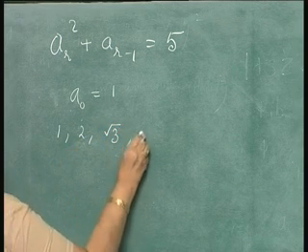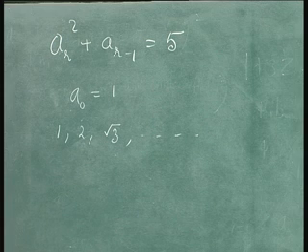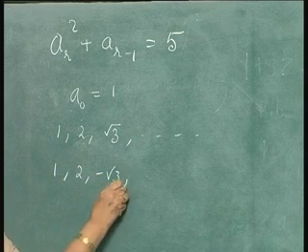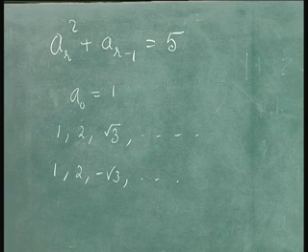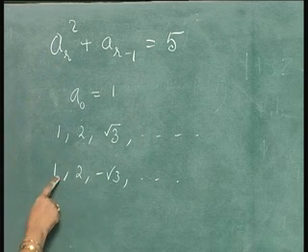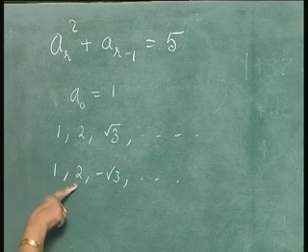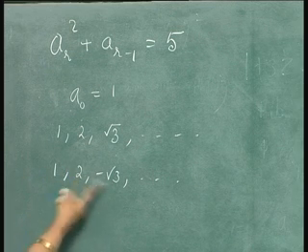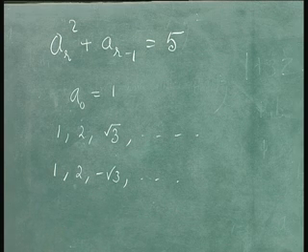So, this will satisfy this equation. You can also see that 1, 2, minus root 3. This sequence also will satisfy this equation, because you are taking the square root here. So, this squared plus this is 5, this squared plus this is 5, that is again satisfied. So, this sequence will also satisfy the given recurrence relation.